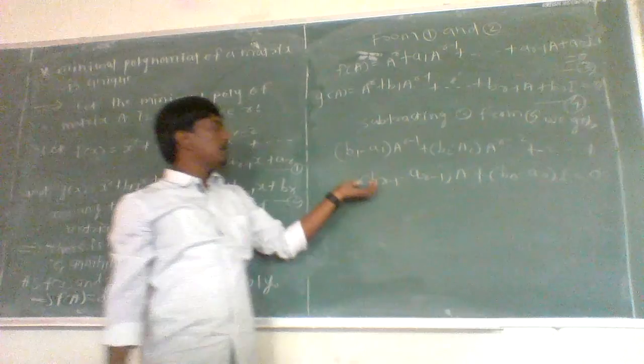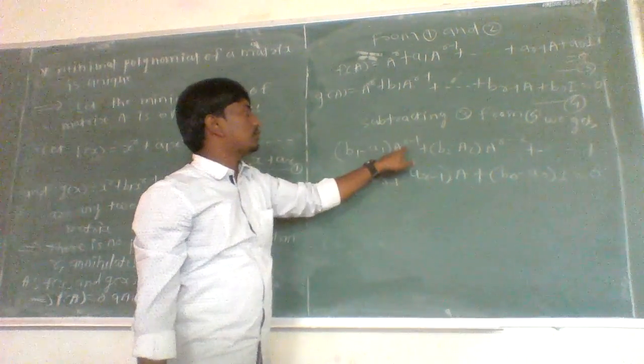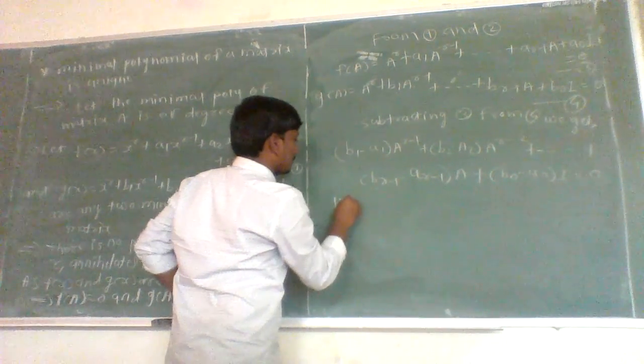So here we get one polynomial of degree r minus 1 which annihilates the matrix A.